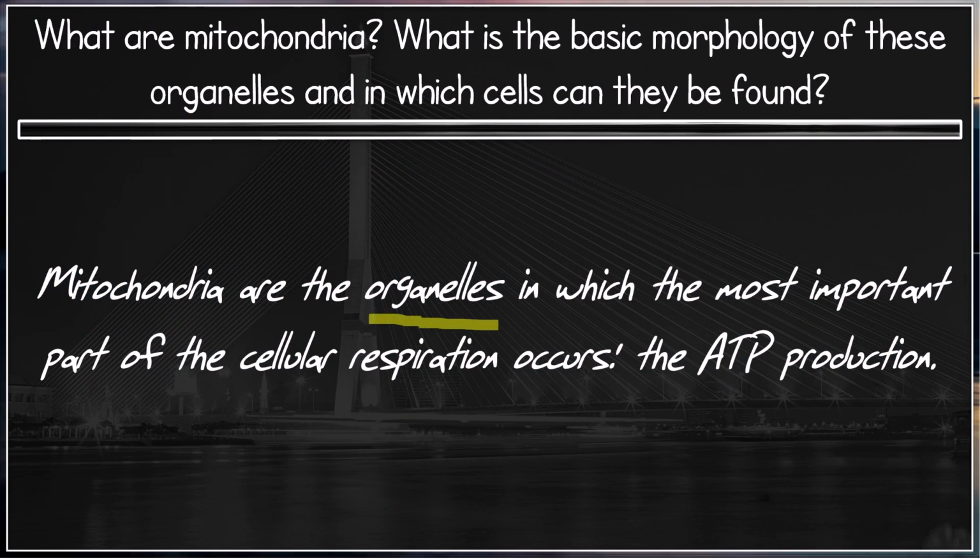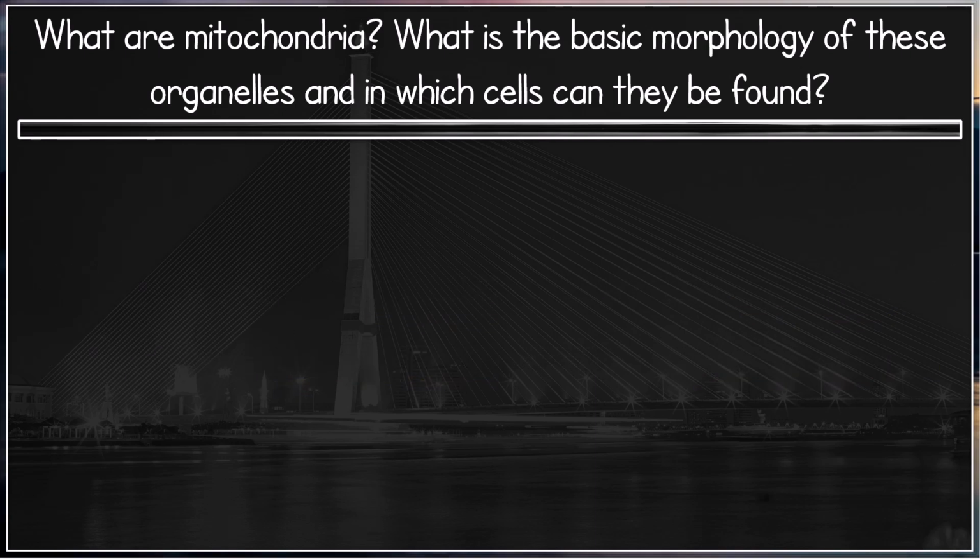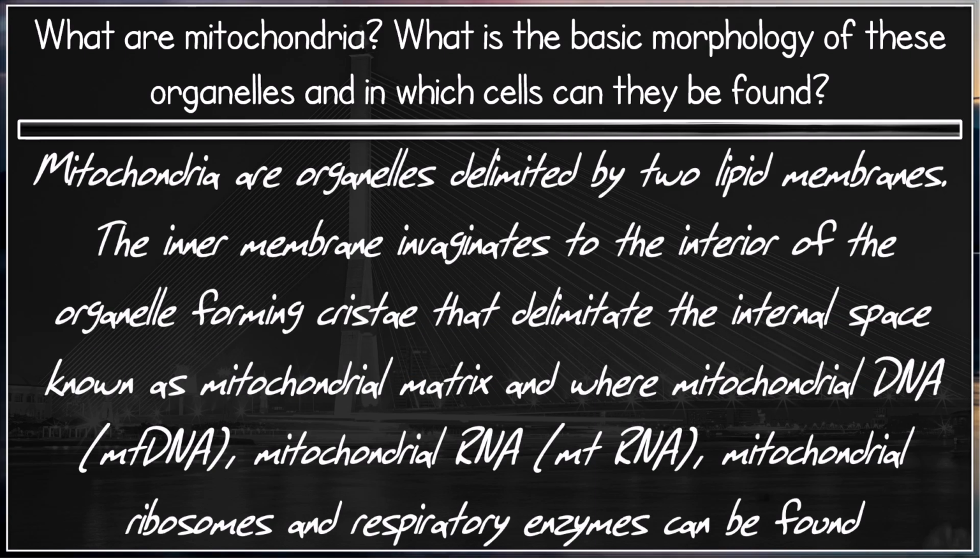Mitochondria are organelles in which the most important part of cellular respiration occurs, that is, ATP production. Mitochondria are organelles delimited by two lipid membranes.